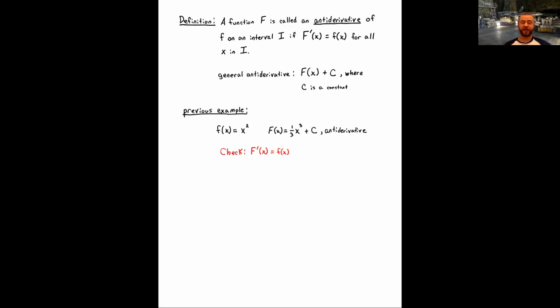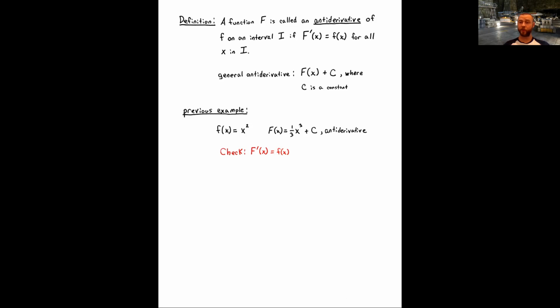Now, the nice thing about this definition is it gives us a built-in check anytime that we're calculating antiderivatives. What we can do is take our proposed antiderivative and just differentiate it. If we get the desired function, then we have the correct antiderivative.